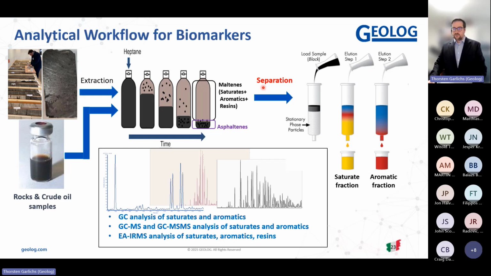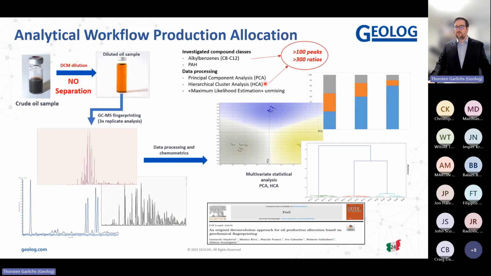This is in the Geolog method for production allocation, not present anymore. We use direct the fluid, so there's no fractionation effect. So we have more or less a direct fingerprint of the oil. So this entire whole crude oil is diluted in dichloromethane, and this dichloromethane solution is directly injected into the GCMS system to make the fingerprints.